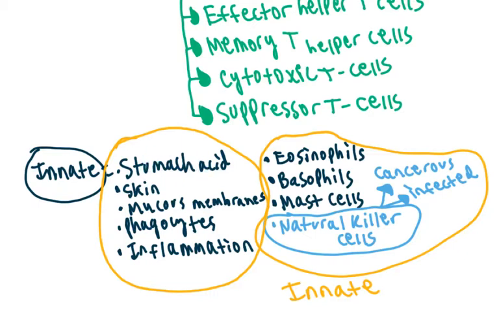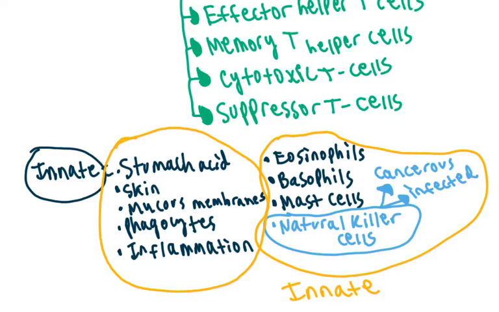previous video: stomach acid, skin, mucous membranes, phagocytes such as dendritic cells, macrophages, and neutrophils, inflammation, and we also added in a few other innate/non-specific immune system factors that we didn't talk about in our innate immune system video, such as eosinophils and basophils, involved in allergic and parasitic situations.